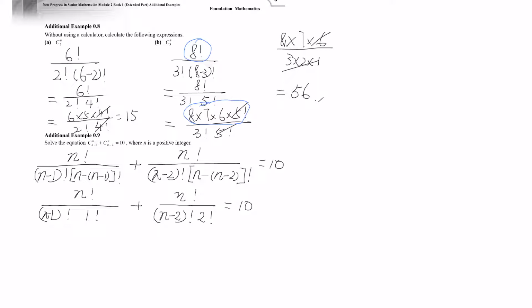If it is 8, we have 8, 7, 6, 5, 4, 3, 2, 1, where each number is 1 less than the one before. Therefore n factorial can be written as n times (n minus 1) times (n minus 2) times (n minus 3) and so on, up to 3, 2, 1.